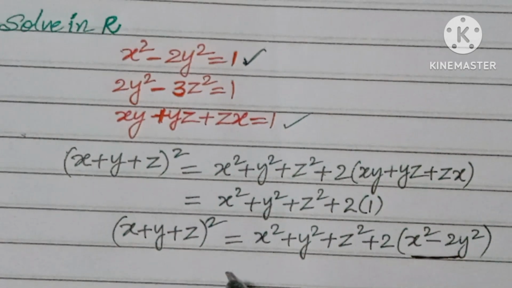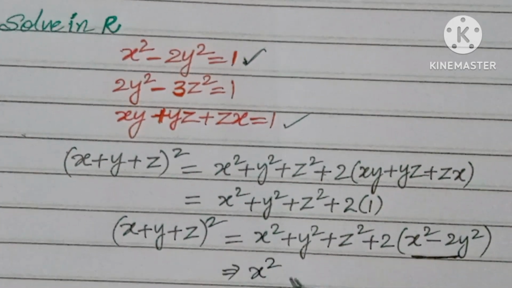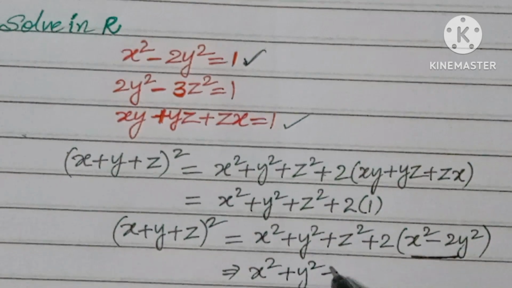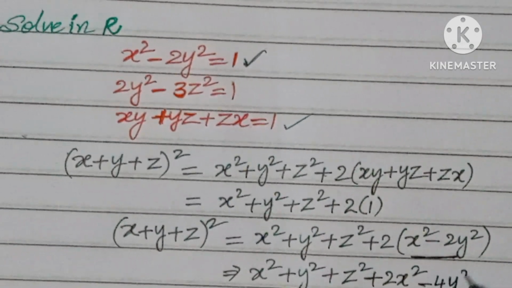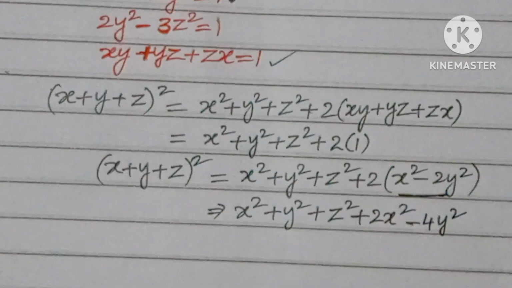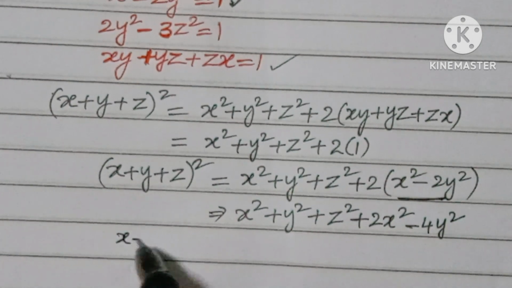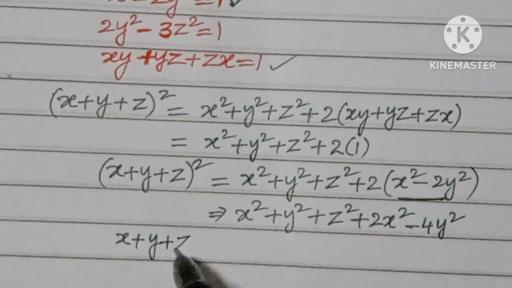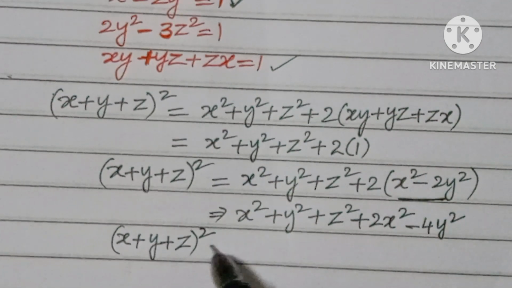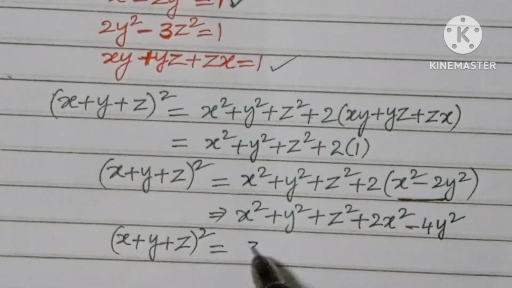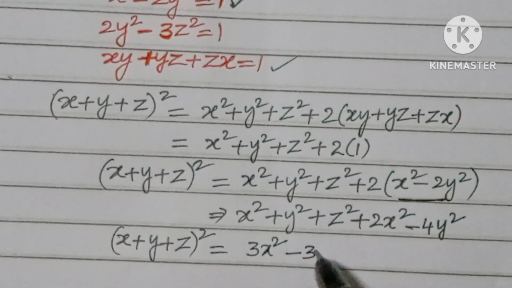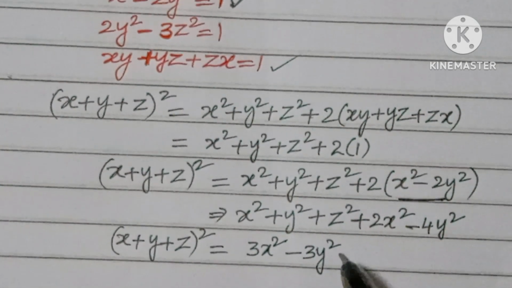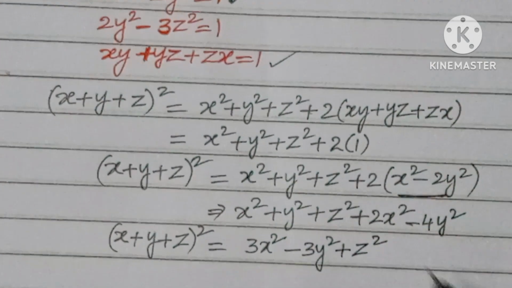So you'll get x square plus y square plus z square plus 2x square minus 4y square. Now if you solve this, x plus y plus z whole square is equal to 3x square minus 3y square plus z square.